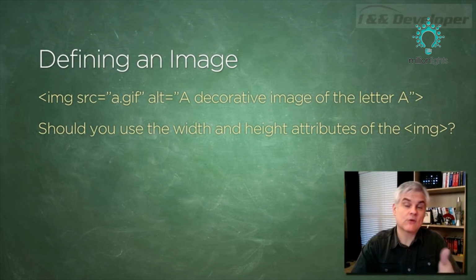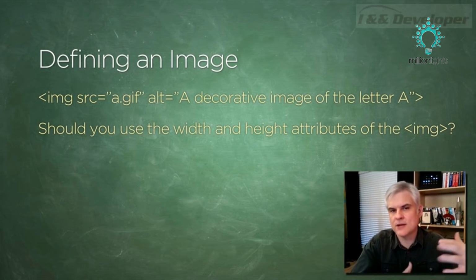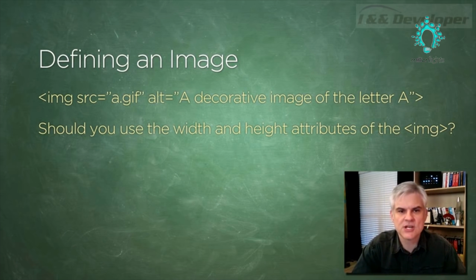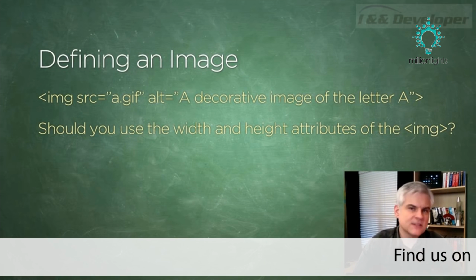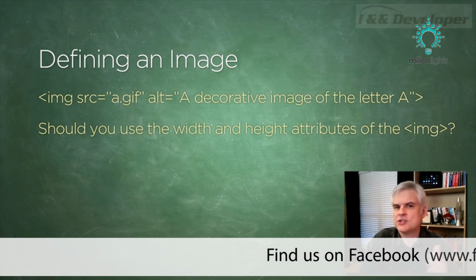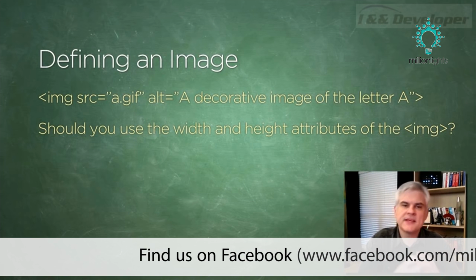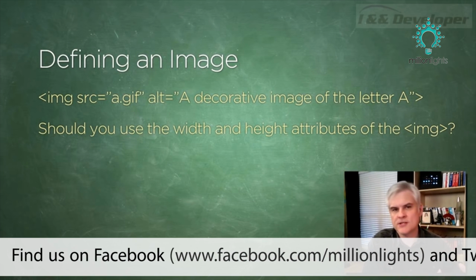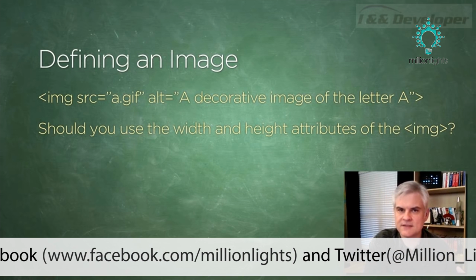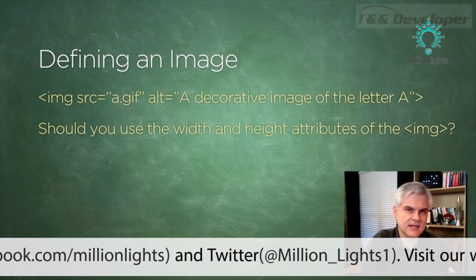So there is a pragmatic rationale to their existence, because it might help with the formatting of the rest of the page if you're relying on the size of that image to help format the rest of the page relative to that image. But I still think, despite that advantage, you should opt to keep things semantically clean and keep all your presentation information, including the size of the images, in your cascading style sheets.